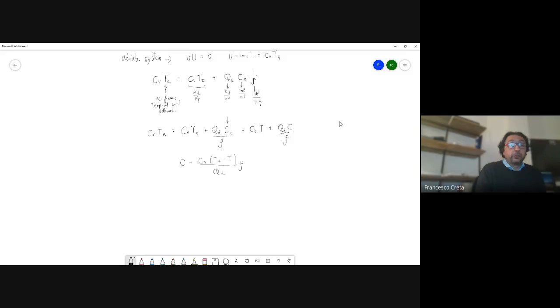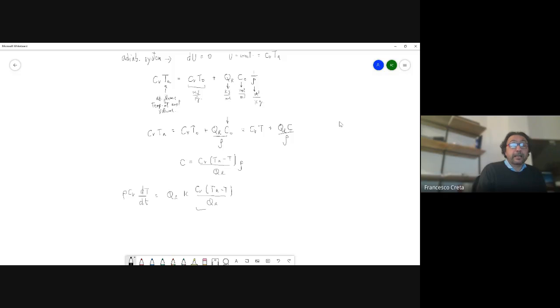Okay, so if I do that, I'm substituting C into the first temperature ordinary differential equation. We would have plus QR in this case, K, and then CV TA minus T over QR.